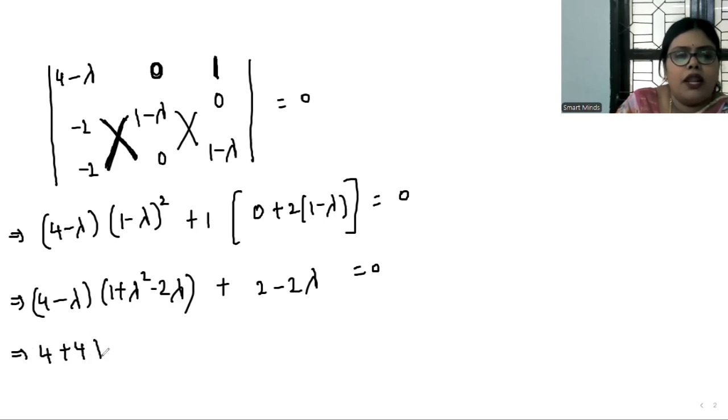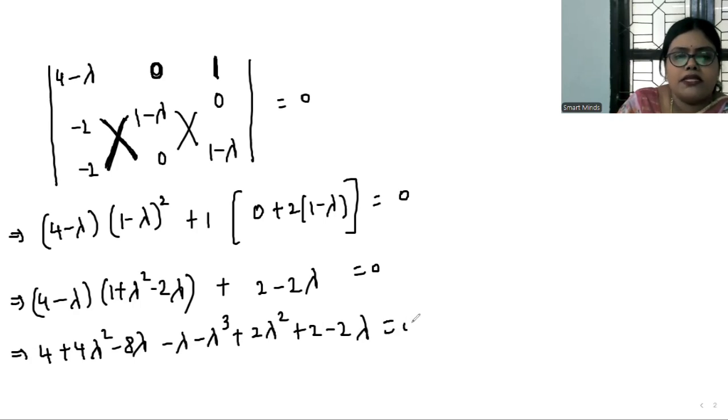Now let us multiply these two brackets. 4 plus 4 lambda square minus 8 lambda. First I multiplied 4 with the whole second bracket. Then I will multiply minus lambda with the whole second bracket. So minus lambda cube plus 2 lambda square plus 2 minus 2 lambda is equal to 0. Okay.